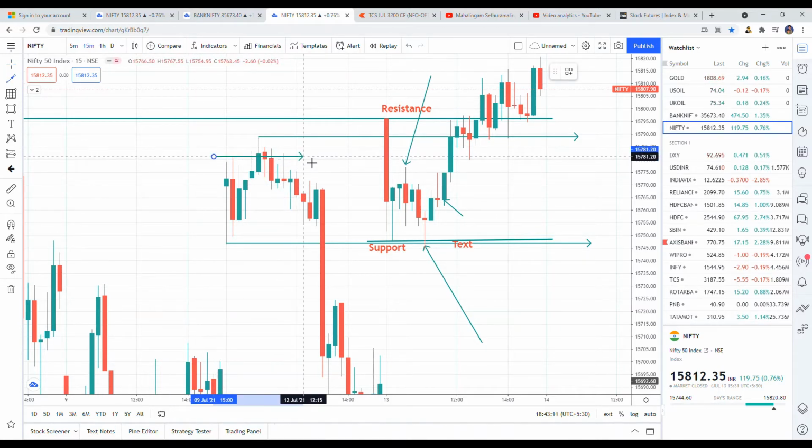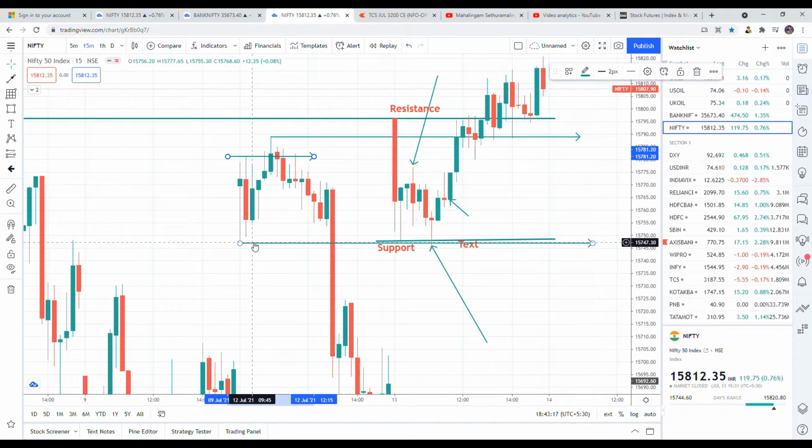This is the initial 30 minutes trading high and this is your initial 30 minutes trading low. You just have a look at it. There is no close. Close means, I would always suggest in the 15 minutes time frame you should have at least 2 candles close above the resistance to go long, and at least 2 candles close below the support to go short.